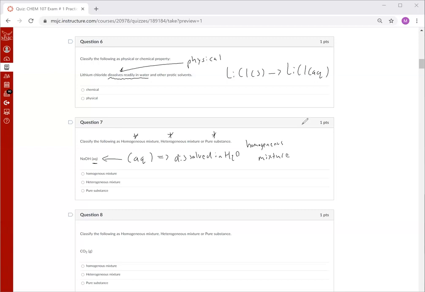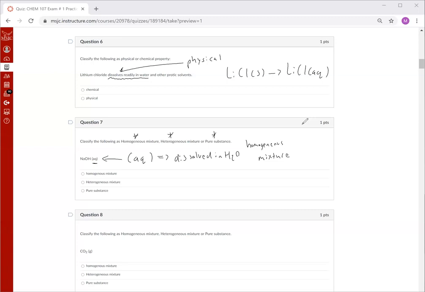But I also think it's a pure substance. The main thing about the aqueous symbol is that it implies that the compound is by definition dissolved in water. Because it's dissolved in water, inherently there must be multiple components in our mixture.